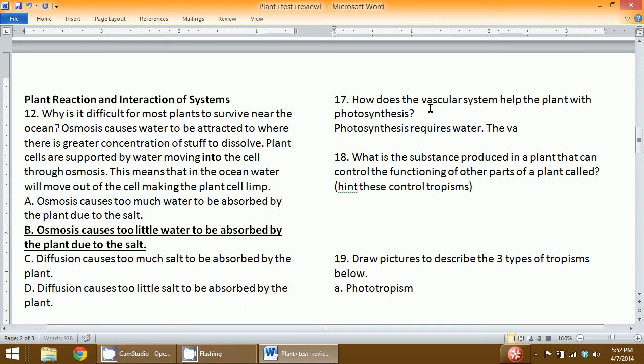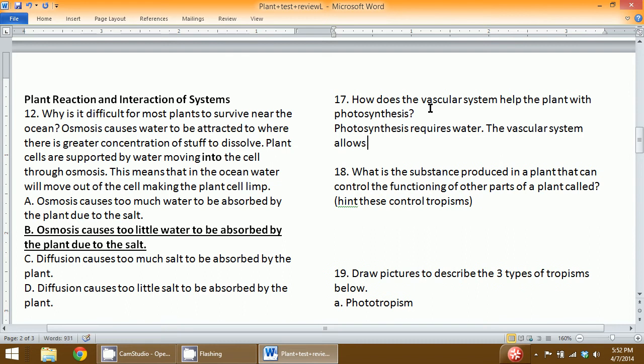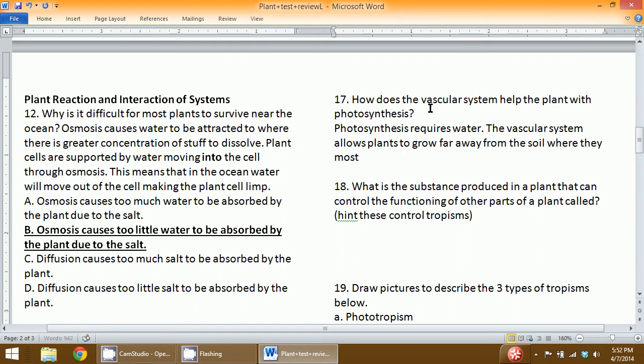The vascular system allows plants to grow far away from the soil where they find most of their water, and still transport it to the leaves where it is needed.